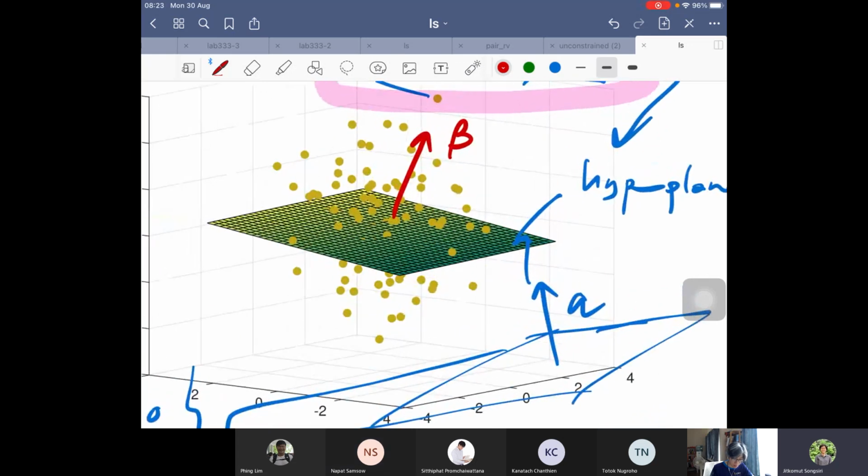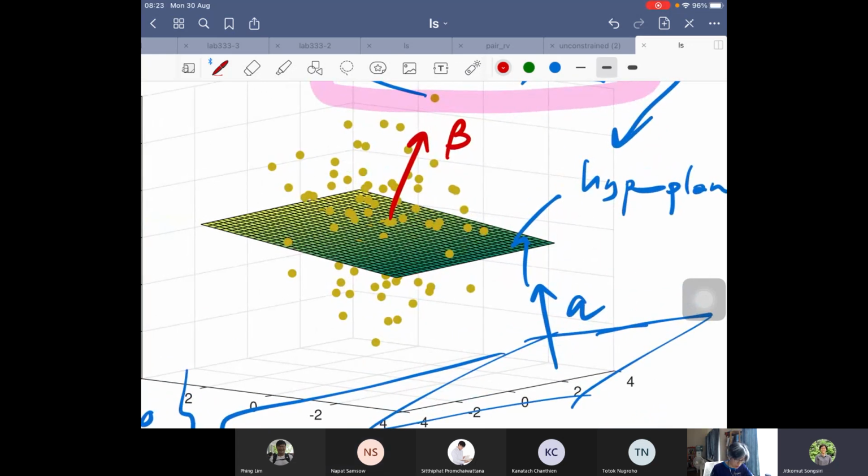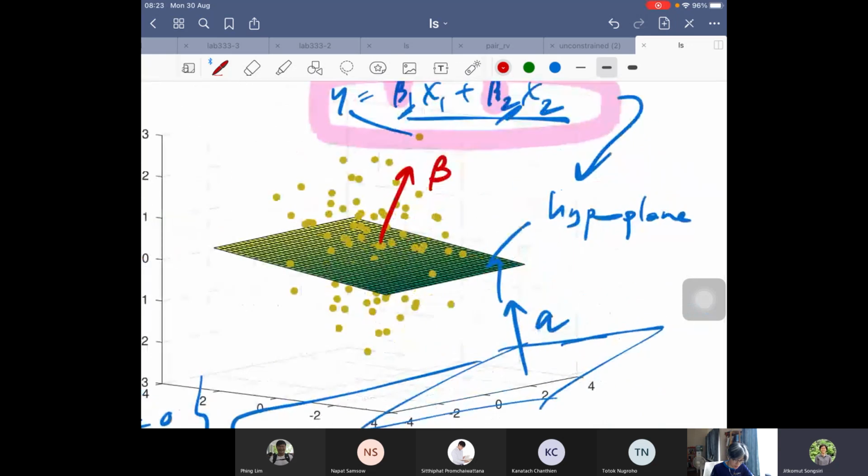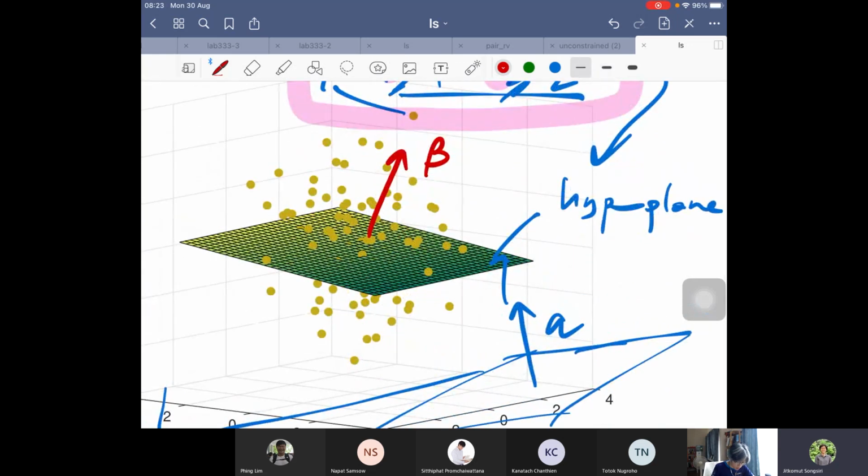As similar to the figures on the left-hand side, if you measure the distance from each data point to the hyperplane, and this is e_i, and then you square it and take the summation, that sum of squares is smallest when it's returned to this hyperplane.